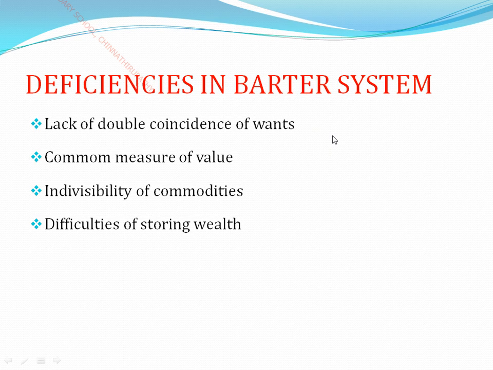Person A wants to get goods from person B, but person B has no need to get goods from person A. So there may be a problem. For example, we have already seen in a previous slide two persons who exchange their goods, Balu and Kumar.